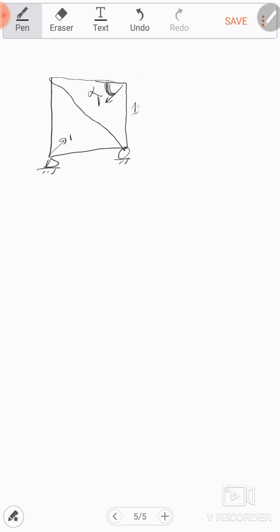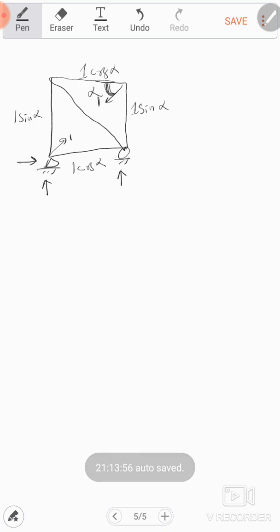So this one, it will be 1 sine theta, 1 cosine theta, 1 sine theta, and 1 cosine theta. The reactions, we have 1 here and 2 at the node. So then take the moment around the roller. This is joint number 4 equals 0.